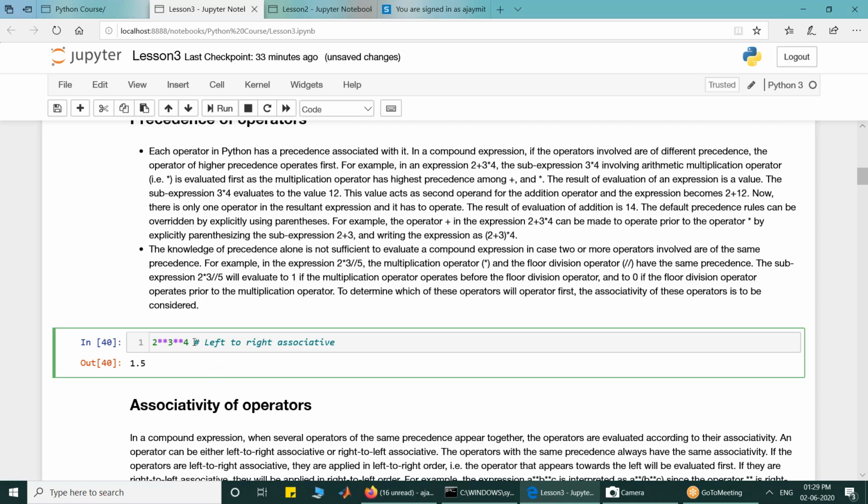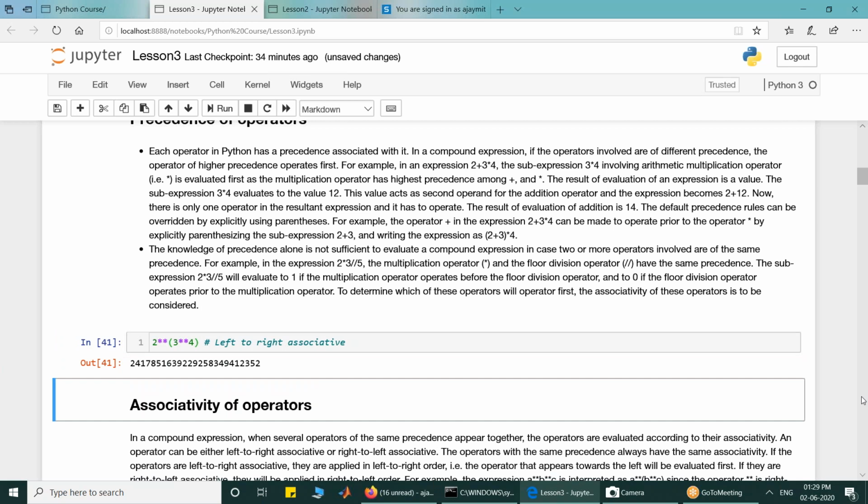Yes, because the exponent operator is right to left associative, firstly I should evaluate 3 exponent 4. 3 raised to power 4, tell me what it will come out to be. 3 into 3 is 9, into 3 is 27, into 3 is 81. And then 2 raised to power 81. So the output that I am expecting is 2 raised to power 81, which comes out to be this value. So it is not always the case that they have to be evaluated left to right.